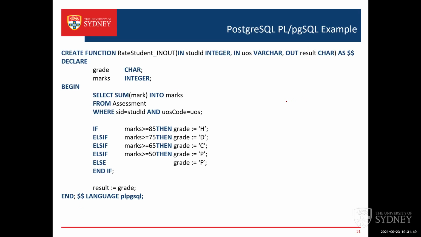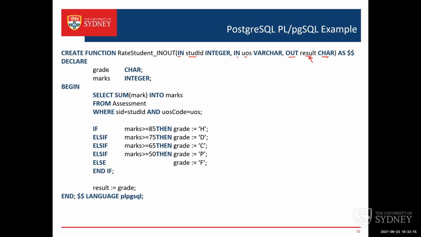Like I've shown you before that we can write in or out. Okay, so here you can see the same method, only changes this in and out. Okay, so in here we can see that in student ID, in unit of study code, these will be inputted, and this out result, which will be of type character. Okay. So these two the user will input, and this one will be the output, result, which will be of type character.